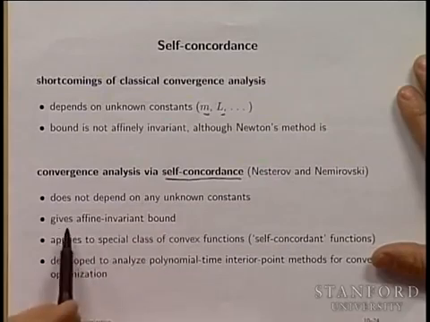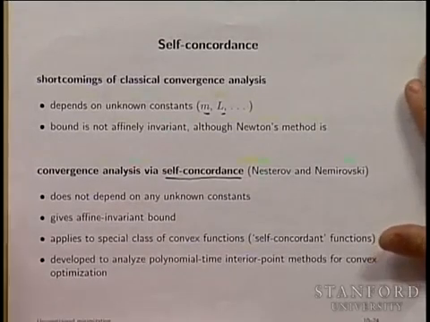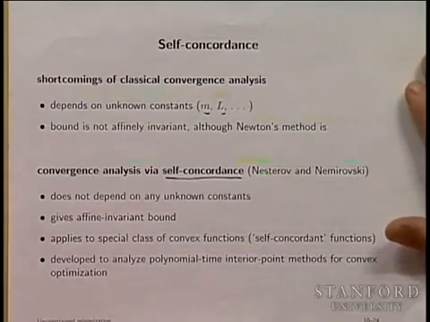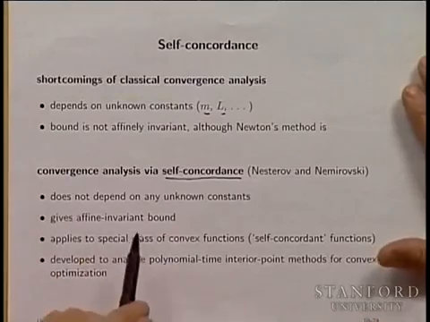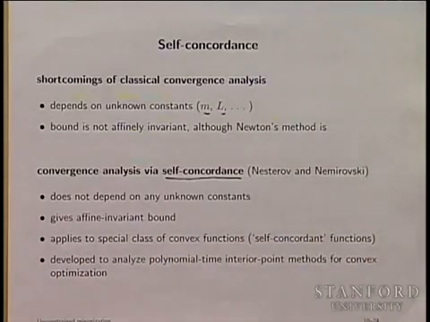You get a bound on the number of steps in Newton's method that's affine invariant. So finally now, the mathematical analysis is as sophisticated as the actual method. When you change coordinates and ask the person producing the bound what their new estimate for the number of steps is, they give the same answer as before.